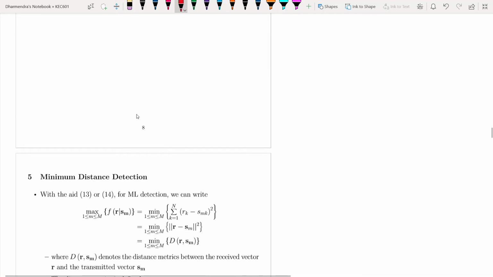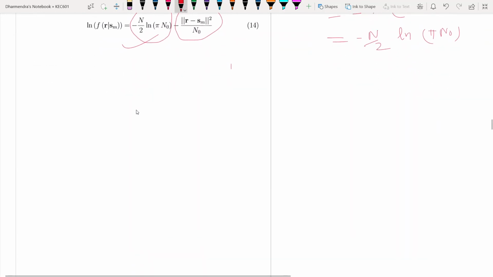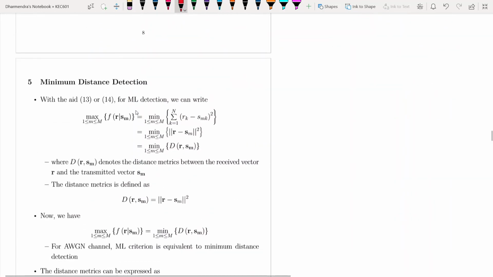With the help of equations 13 and 14, for ML detection we have to maximize this likelihood function.